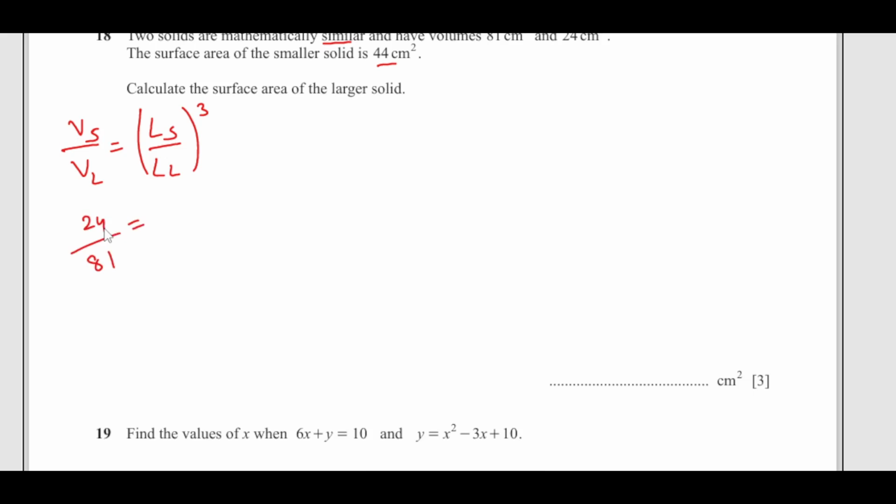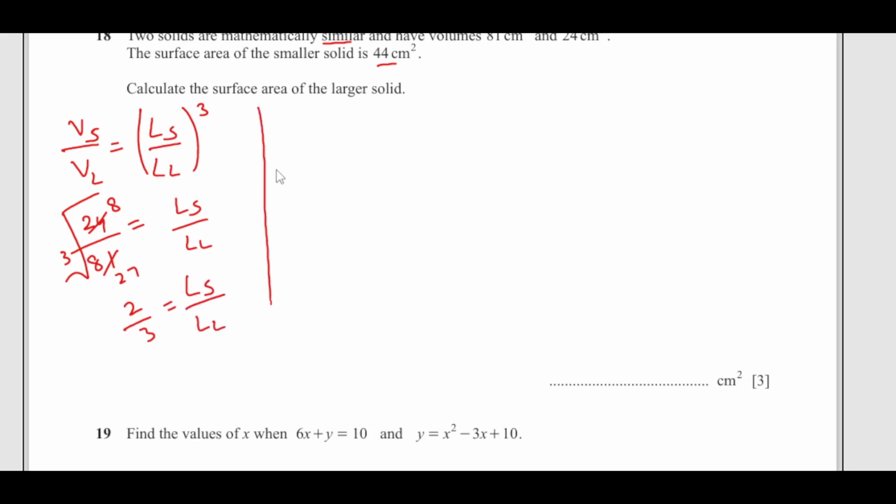Lengths we don't have, so length of smaller over length of larger, and we take the cube root of this when we take the 3 to the other side. 24 over 81 is 8 over 27, so the cube root of 8 is 2 and the cube root of 27 is 3. We have the ratio of the lengths as 2 over 3.